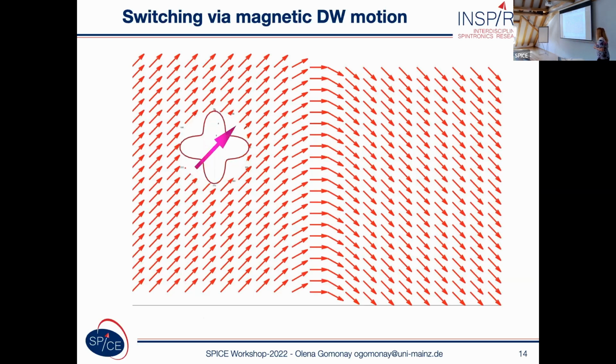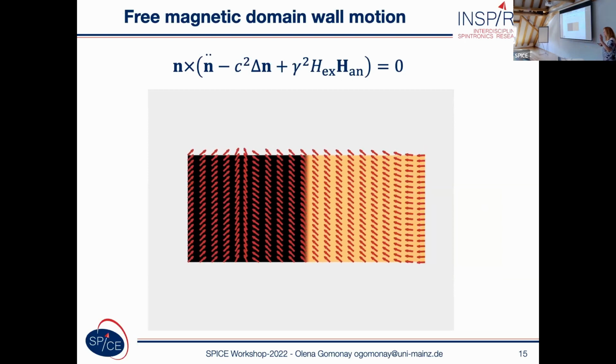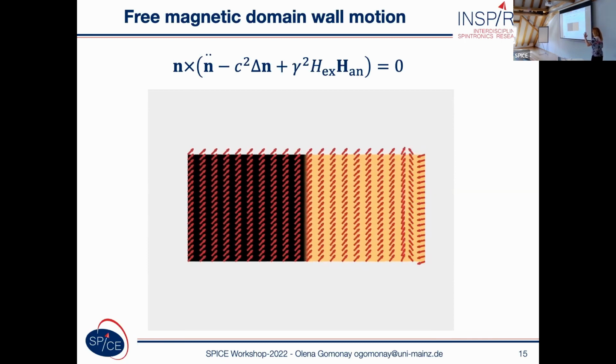In this case, we have two regions with different orientation of the Néel vector, and then the dynamics of this domain wall induced by any external field or current is a translational motion from the left to the right. This can induce switching, and this switching can be very fast because the domain wall velocity is fast.